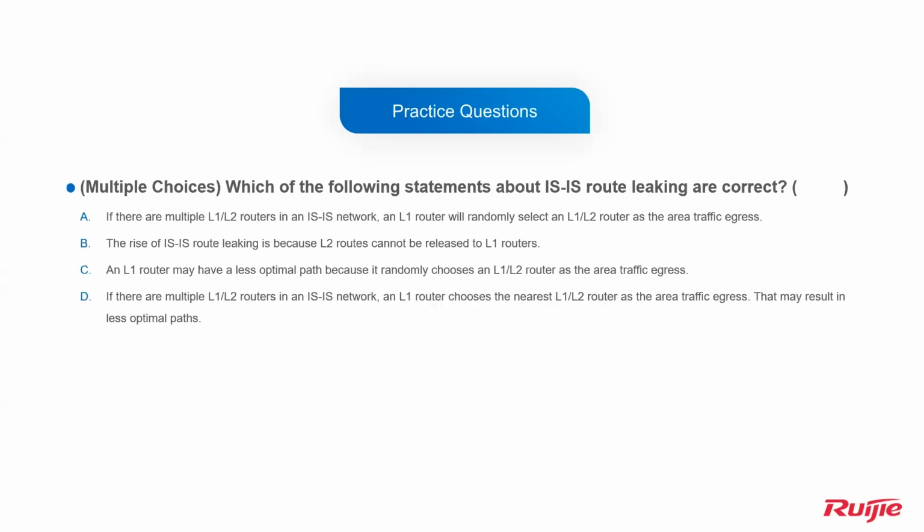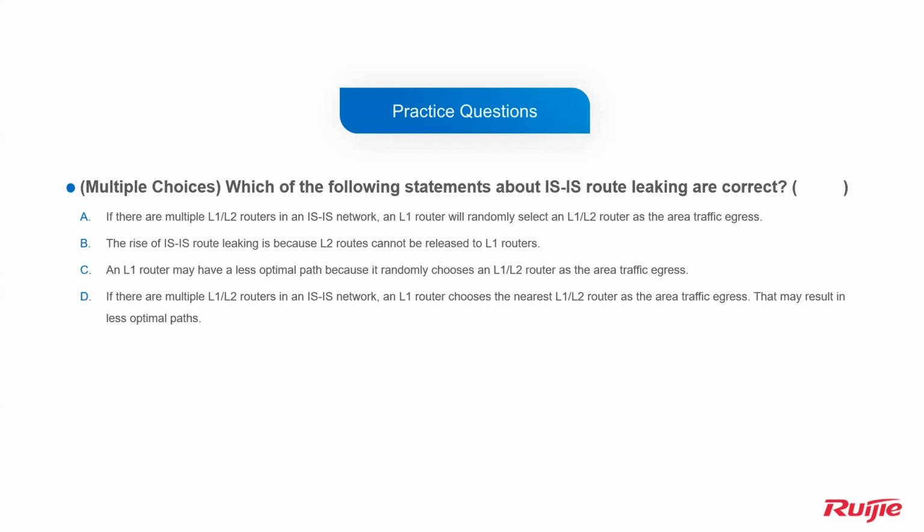The second question: which of the following statements about ISIS route leaking are correct? Option A, if there are multiple level 1 and level 2 routers in the ISIS network, the level 1 router will randomly select a level 1 and level 2 router as an area traffic egress.